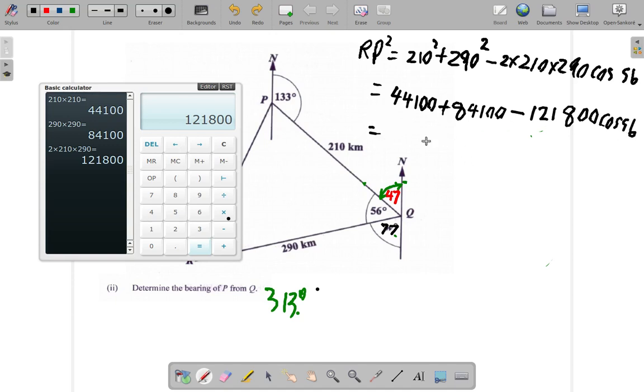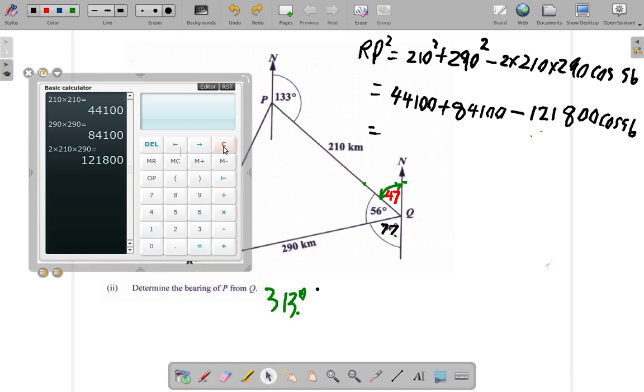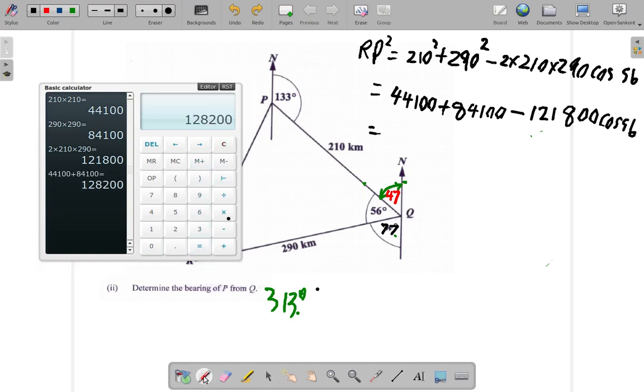So RP squared is equal to, let's go back to the calculator, 44,100 plus 84,100 equals 128,200.